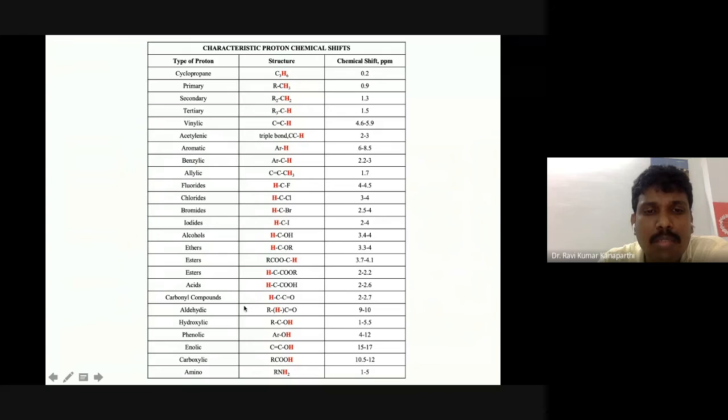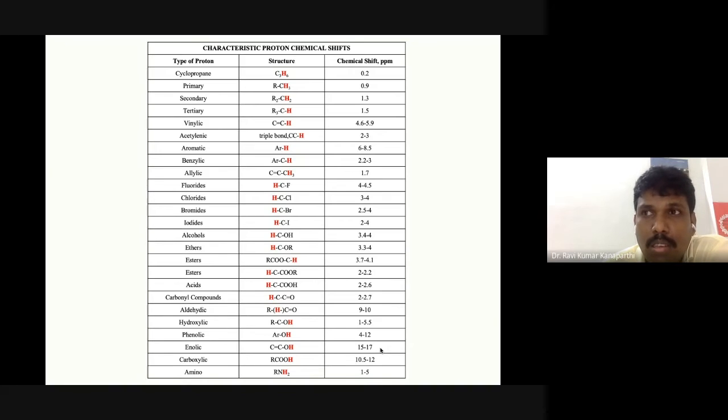Likewise we have different things, and when you come a little lower, you see more de-shielded protons. Enolic protons are the ones you will see above 15 and up to 20. You know about keto-enol tautomerism.